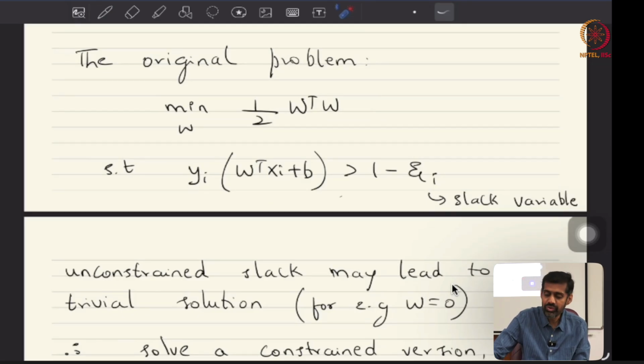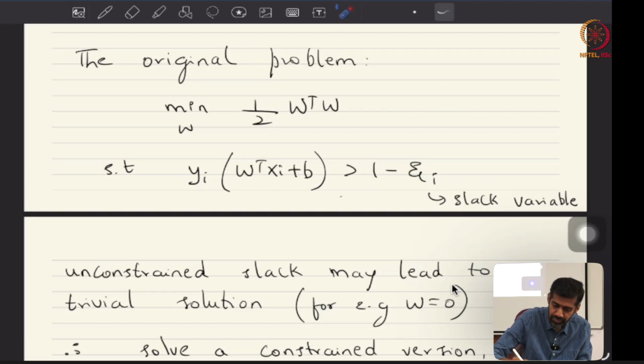First of all, we assume that all these are non-negative, because that's a choice that we are making. So we will constrain that these have to be non-negative, and we will also say that the number of slacks that we need has to be as small as possible, because every slack is a correction for the misclassification, and we want the misclassification to be minimal, and therefore we will say that the slacks have to be minimized, okay.